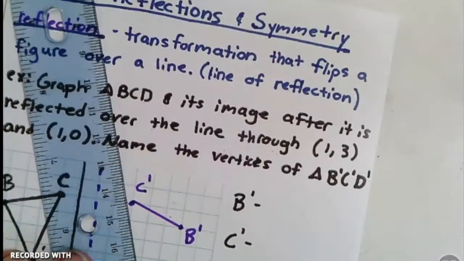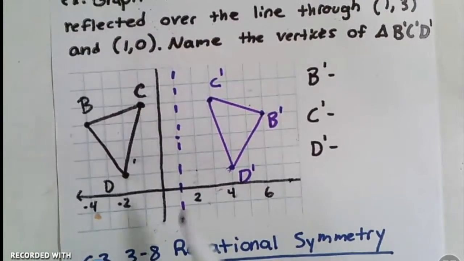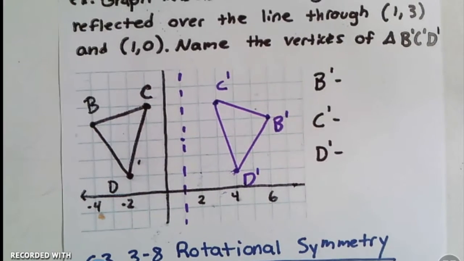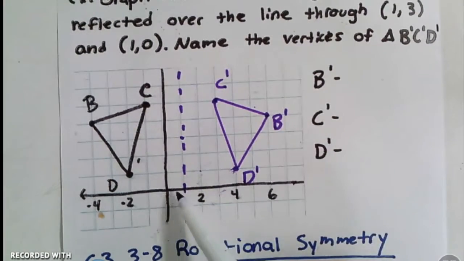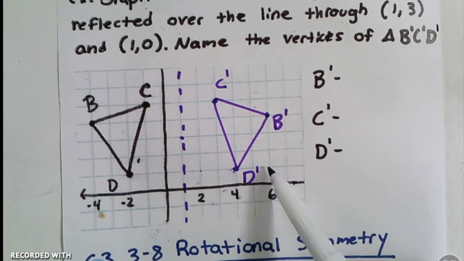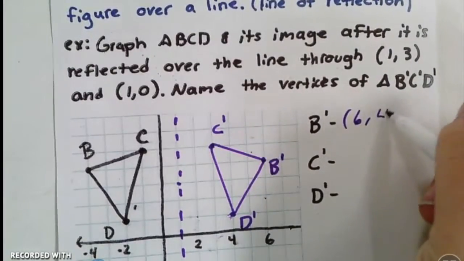And then my last step, as always, is to connect the lines. And now I have reflected the triangle BCD over the line that goes through (1, 3) and (1, 0). Now my last step is to name the vertices. So B prime is located at (6, 4).